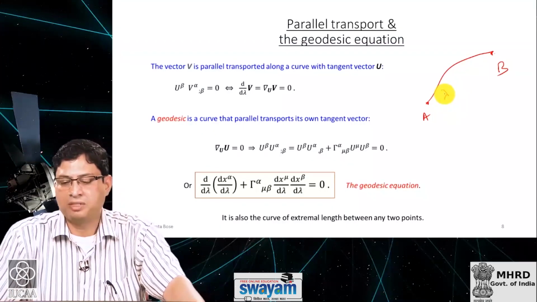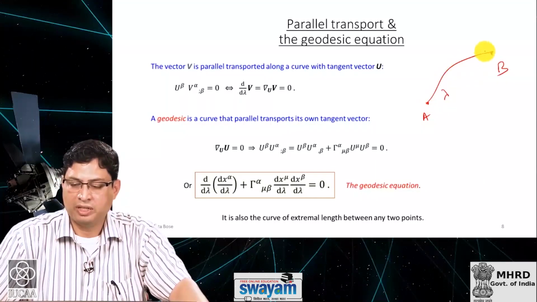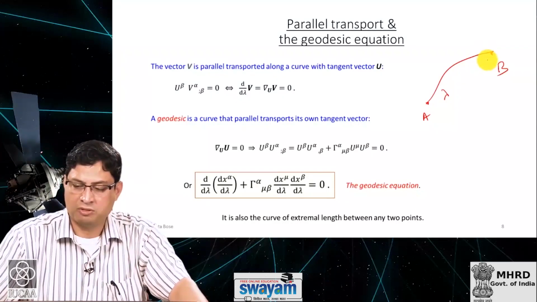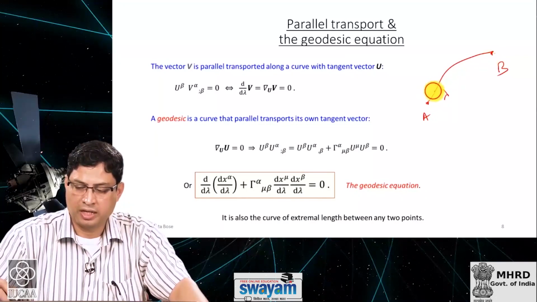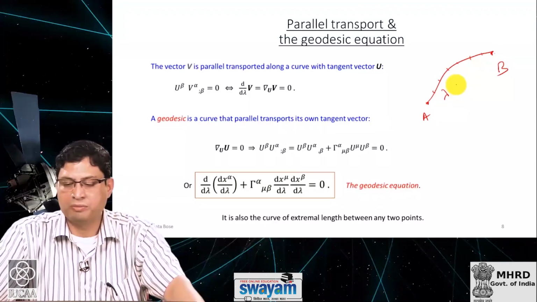Okay, so, lambda is the parameter that defines how much you have covered in traversing this path, right. So, this parameterized path is what we will term as a curve, and so there could be markers here which give a certain number of units covered in the value of lambda in going from A to B.